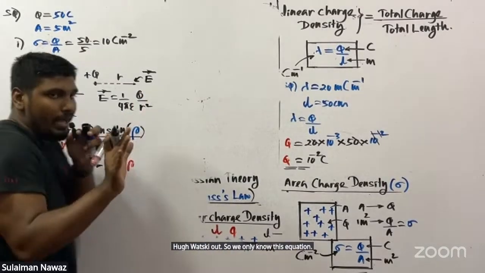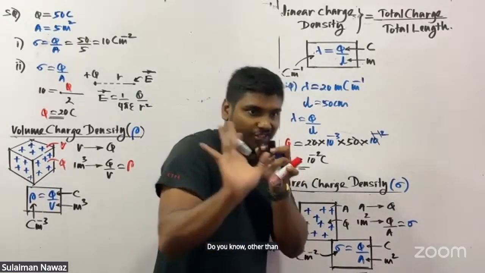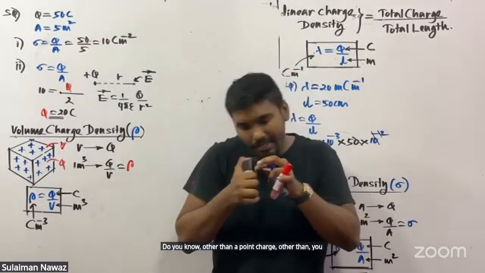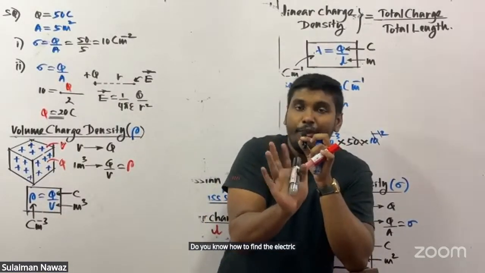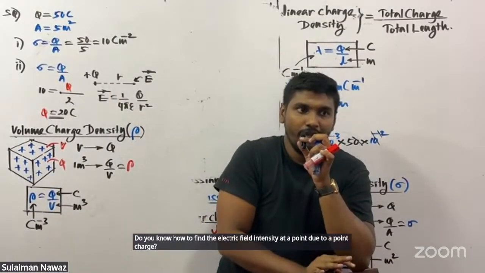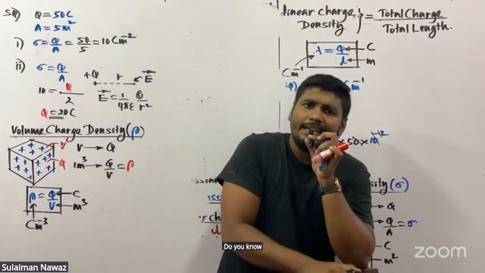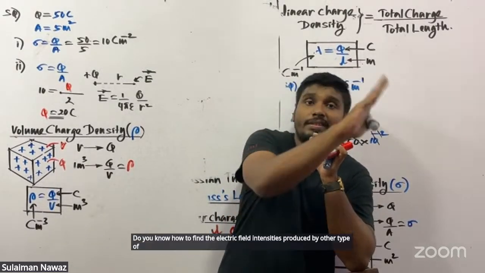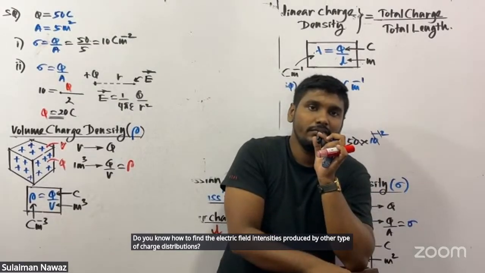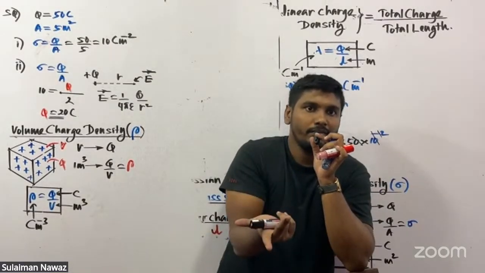So we only know this equation. Do we know how to find the electric field intensities produced by other types of charge distributions? We don't know, right?